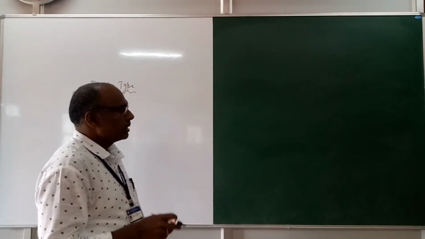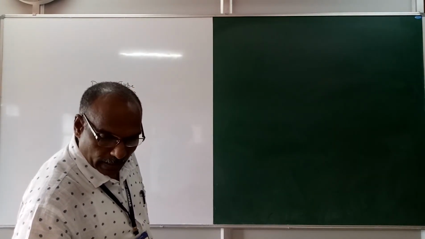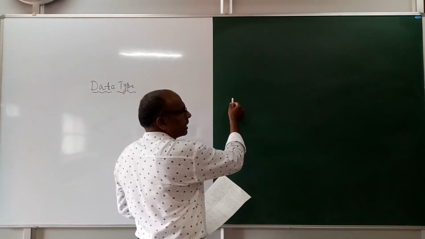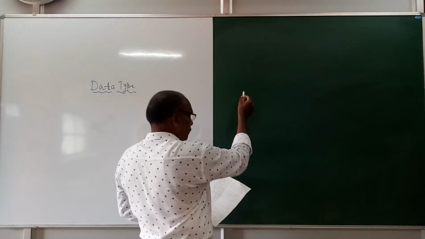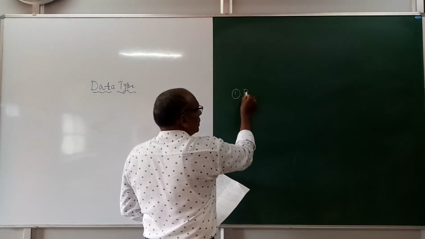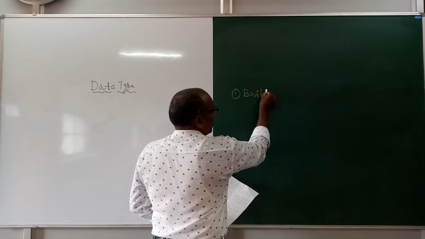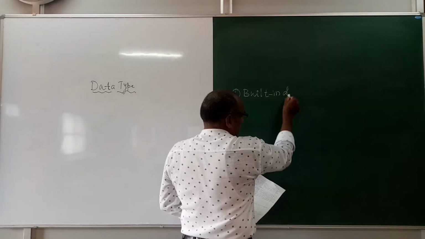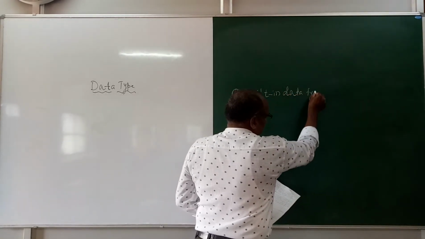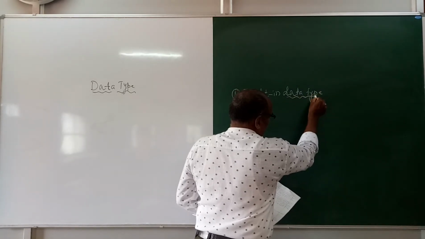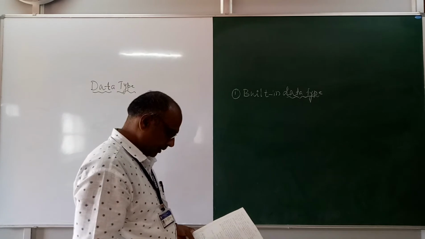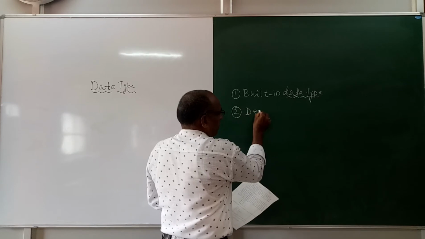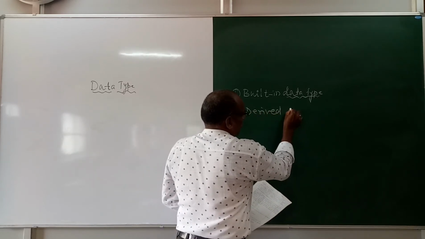In C language, these data types are categorized into three different types. One, built-in data type. You should not be confused with this word, data type. The second one, we have derived data type.